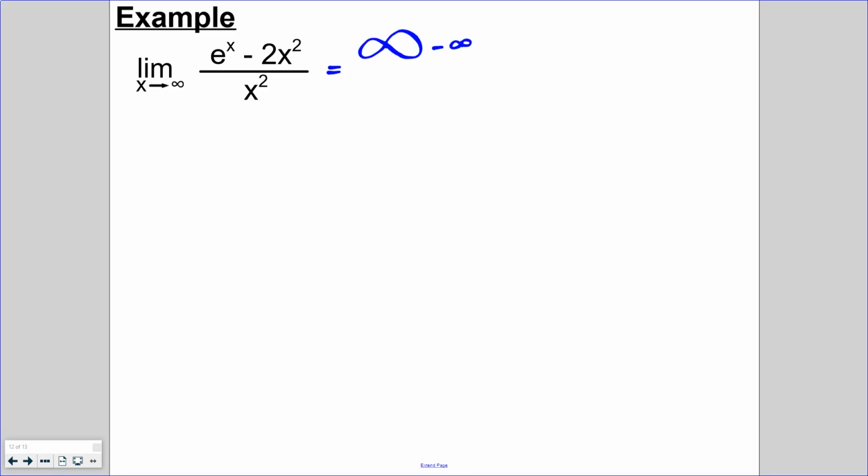So I'll put a little infinity there. Divided by x squared is also a little infinity. Well, a really big infinity minus a little infinity is still going to be a pretty big infinity. Divide that by a little infinity. And it's just going to still be infinity because the numerator is still bigger than the denominator. So therefore, we're going to end up with infinity.